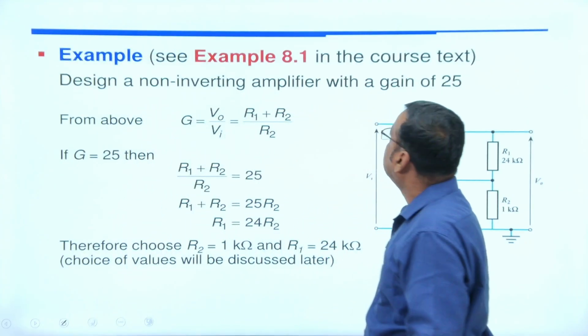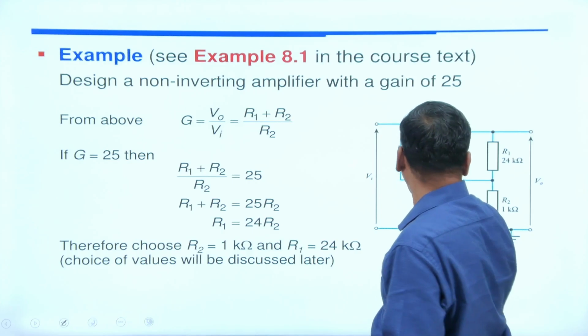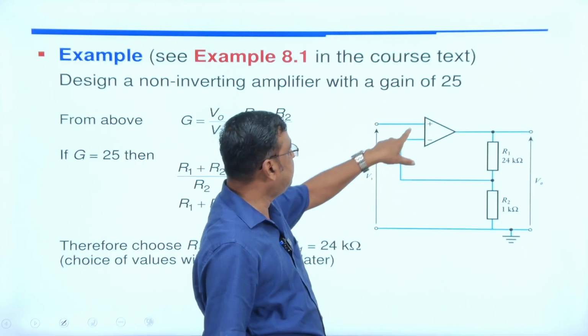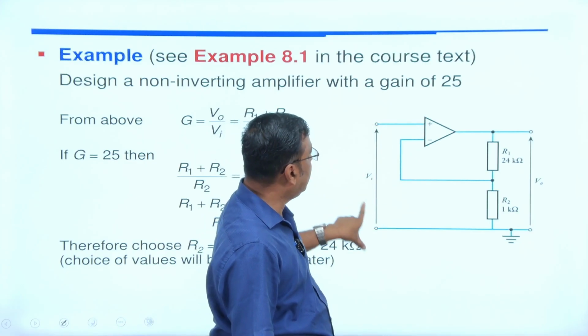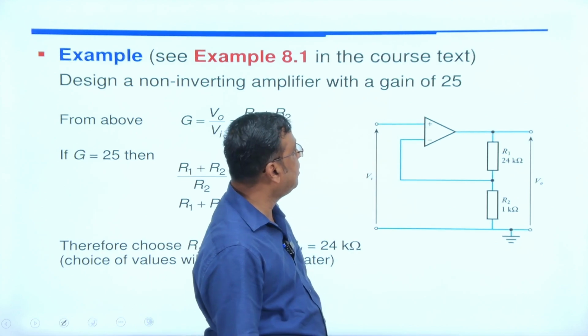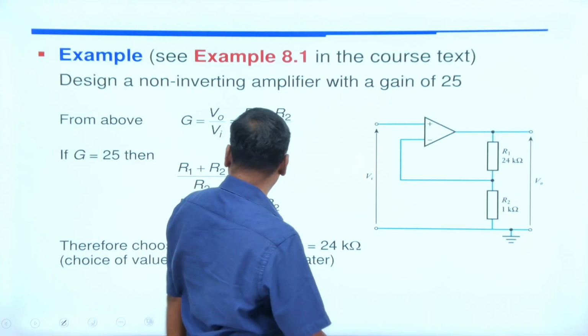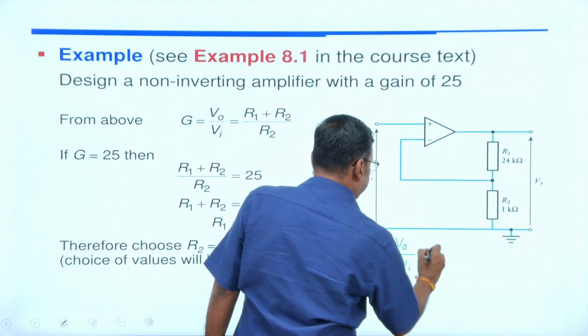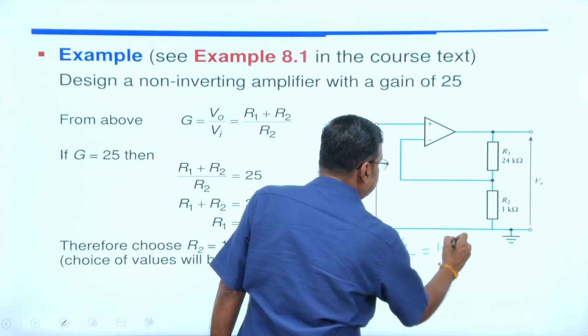Here is an example. R1 is 24 kilo ohm, R2 is 1 kilo ohm. Since the input voltage is given to the plus terminal, this is a non-inverting operational amplifier. So V0 by Vi equal to 1 plus R1 by R2.